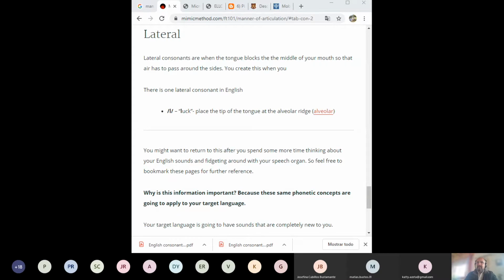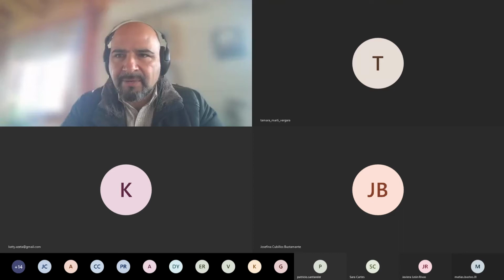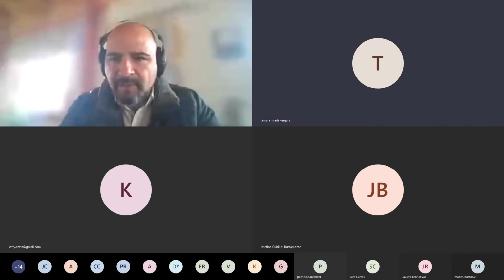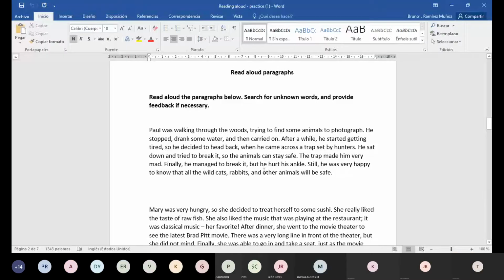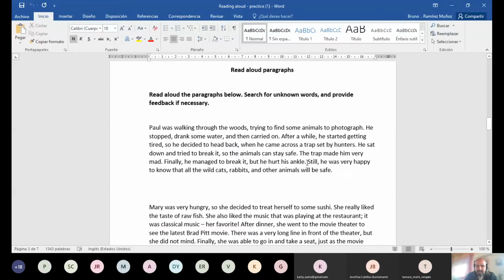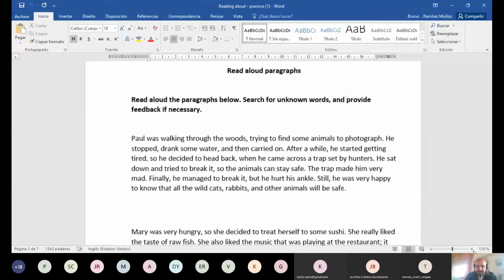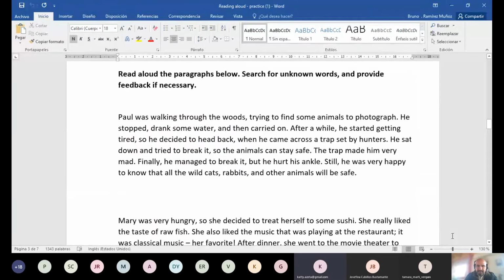Okay, Camilo Vélez, you are not sharing the paragraphs, I guess. No, I'm not sharing the paragraphs because I sent them through the chat room, hoping that you could upload them. But I can share them. Okay, because I have it open. Can you see it now? I'm going to enlarge it a little bit. Yes.